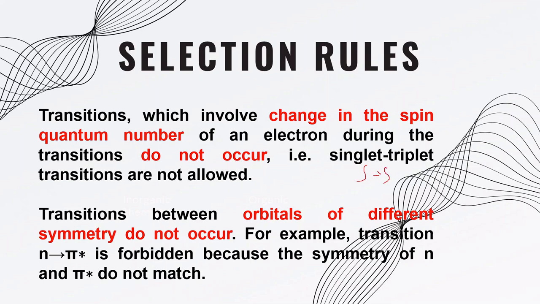The next selection rule is that transition between orbitals of different symmetry will not occur. That means n to pi star is forbidden. Similarly, d-d transition is forbidden. We have to remember these things when we are talking about UV visible spectroscopy.